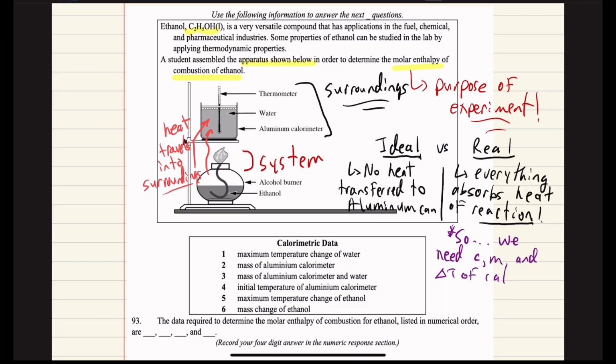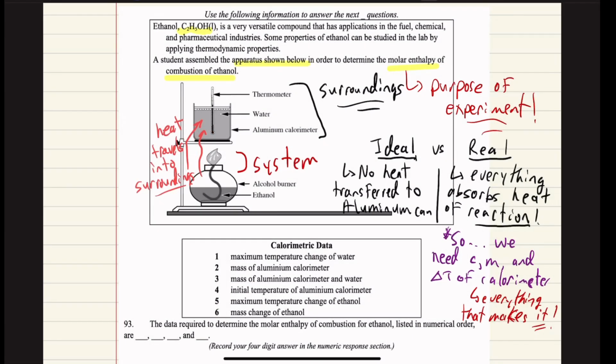So because of that, we need the actual specific heat capacity, or the C, the mass, and the change of temperature has to be for the whole entire calorimeter itself. So everything that essentially makes that calorimeter.